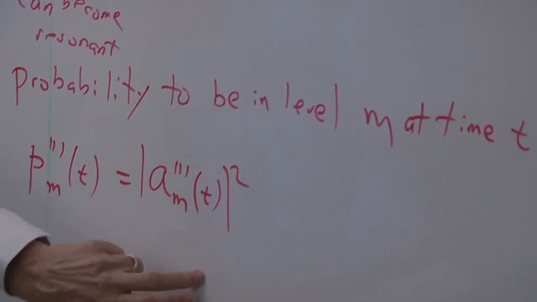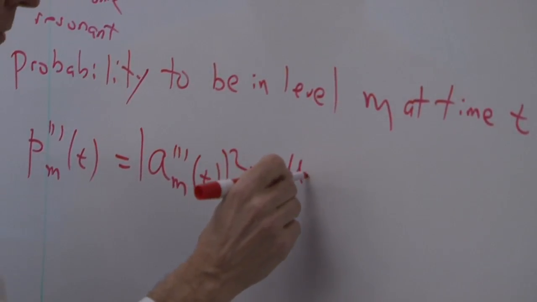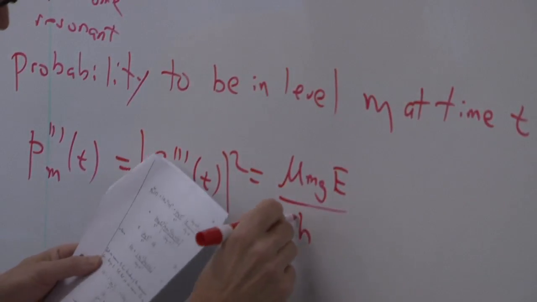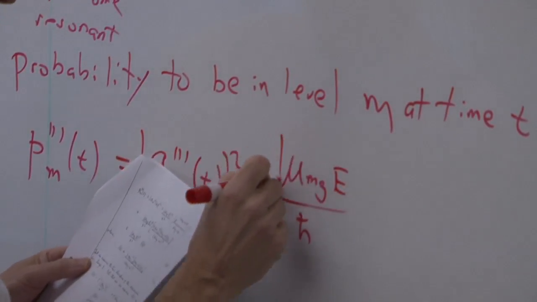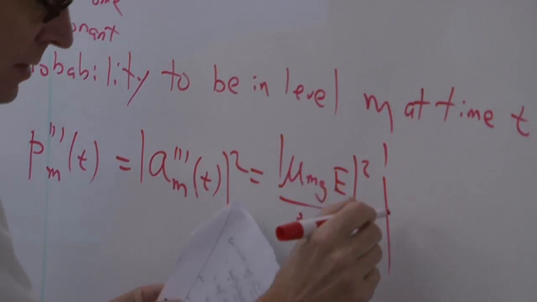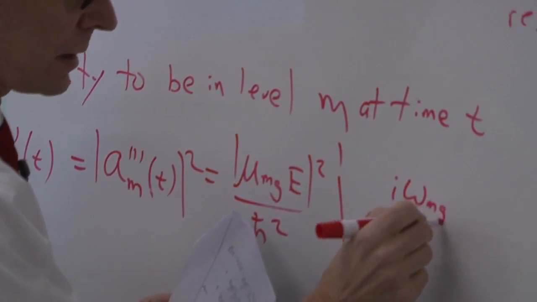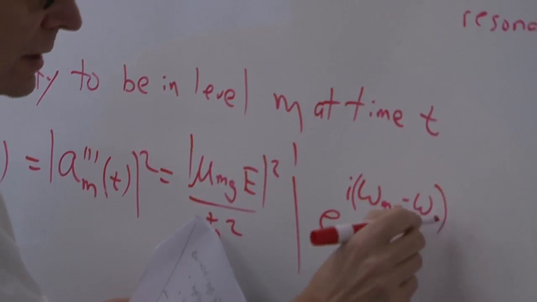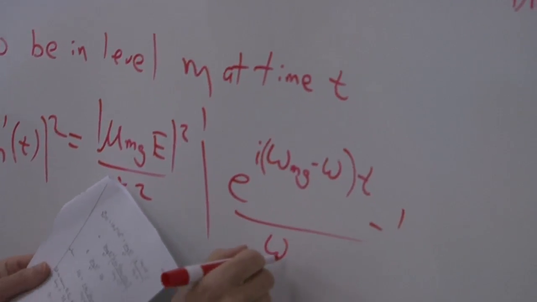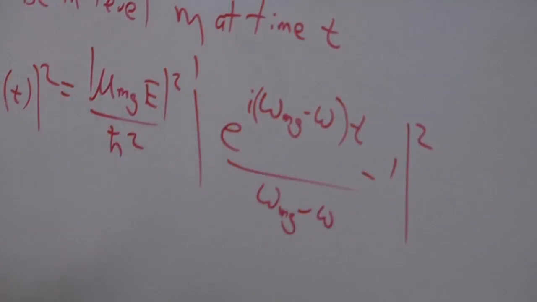The squared modulus of a probability amplitude is always a probability. So this then becomes mu_mg e over h bar, squared, times e to the i (omega_mg minus omega) t minus 1 over (omega_mg minus omega), modulus squared.